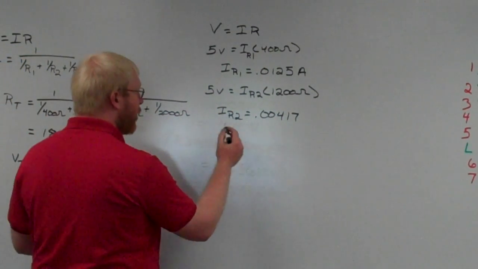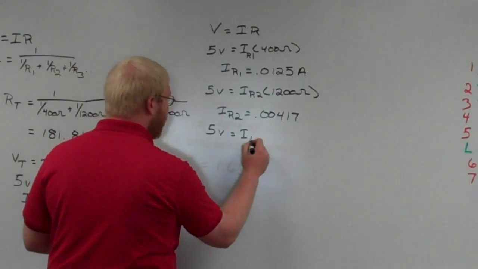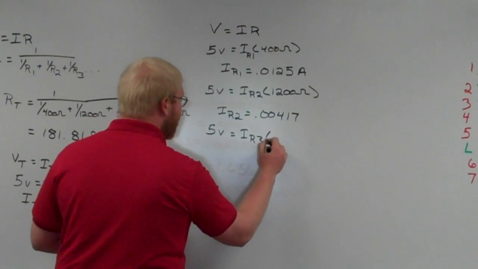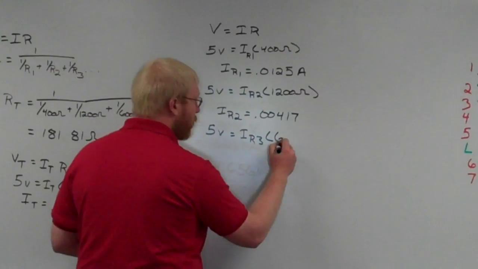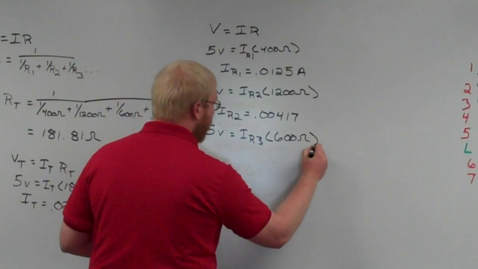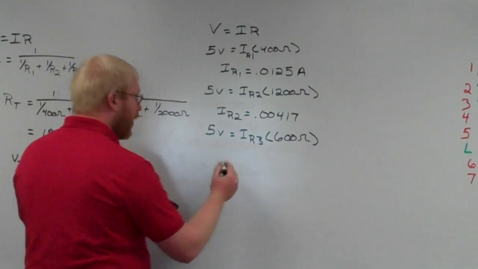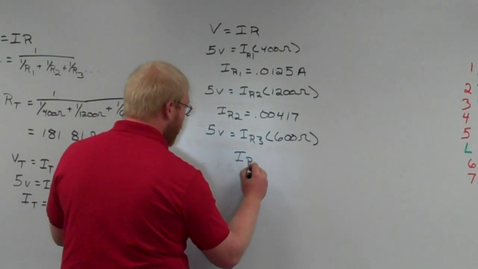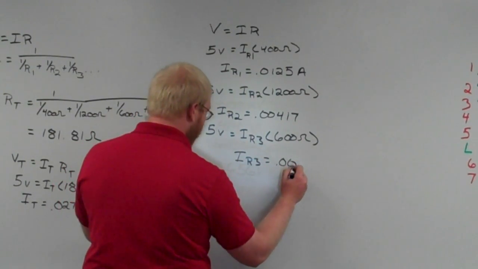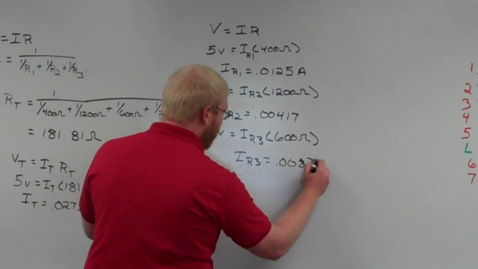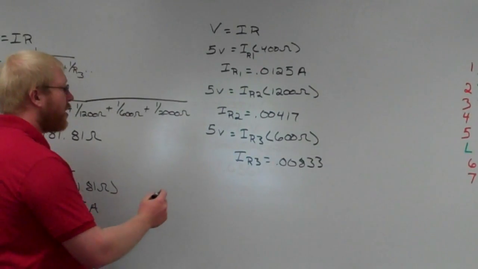I'm going to do the other ones while I'm over here on the screen. So 5 volts equals current at resistor 3 times its resistance, which is 600 ohms. And once again, 5 divided by 600 gives me a current at resistor 3 equal to 0.00833. The last one I'm going to have to do is my current at resistor 4.